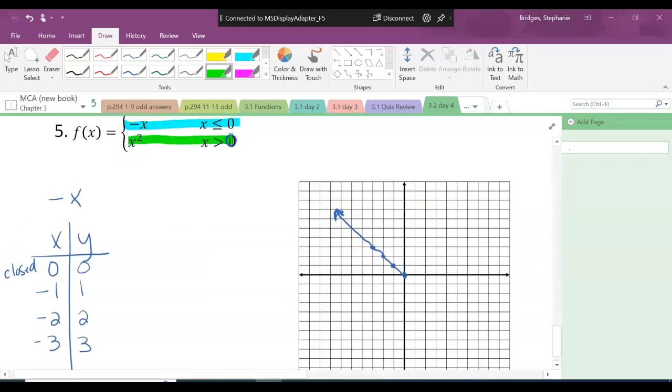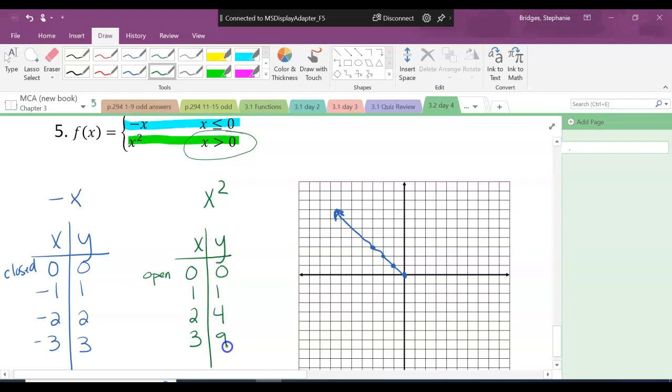Then we're going to do the second part of this function, which is x squared. My starting point, again, is 0. Is it going to be open or closed at this second piece? Open. Okay. And then I want numbers greater than 0, so I'm going to choose 1, 2, and 3. And then my function says to square it. Well, 0 squared is 0. 1 squared is 1. 2 squared is 4. 3 squared is 9.